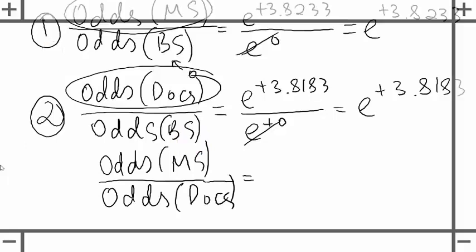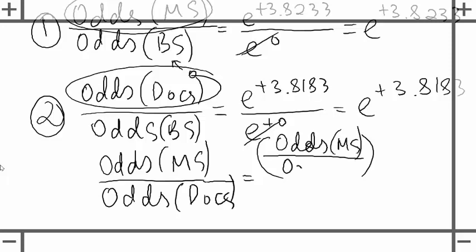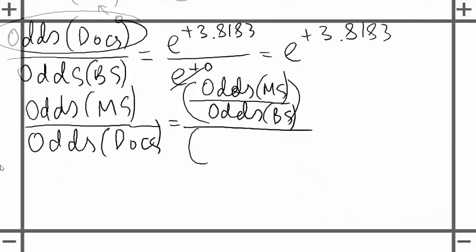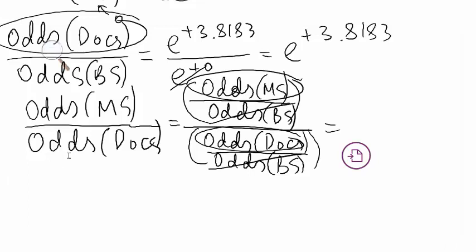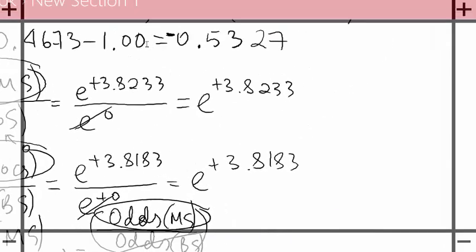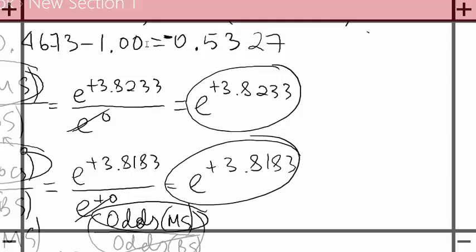Because if I do that, then in the numerator I'm going to have odds for MS relative to the odds of BS, and in the denominator I'm going to have odds for docs divided by odds for the same BS. And BS cancels out, and all I have really is MS in the numerator and docs in the denominator. What I was looking for, right? But at the same time, it's this number divided by that number, correct?